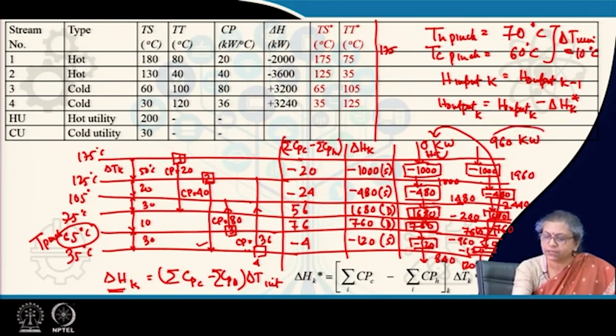With this particular design, I have found out the minimum amount of hot utility that has to be provided on the top in order to ensure a feasible cascade process.